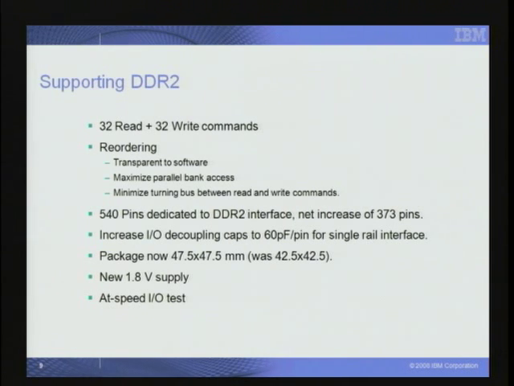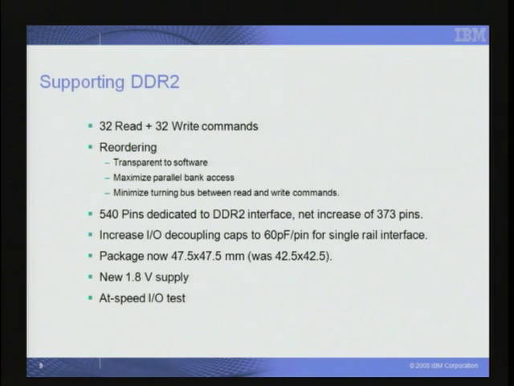Supporting DDR2, our memory controller has 64 commands in its queue, and it does silent reordering to minimize the number of times it switches pages within a DRAM and to spread the accesses out over the multiple banks. It also tries to minimize the number of times it switches the bus from doing read commands to write commands.